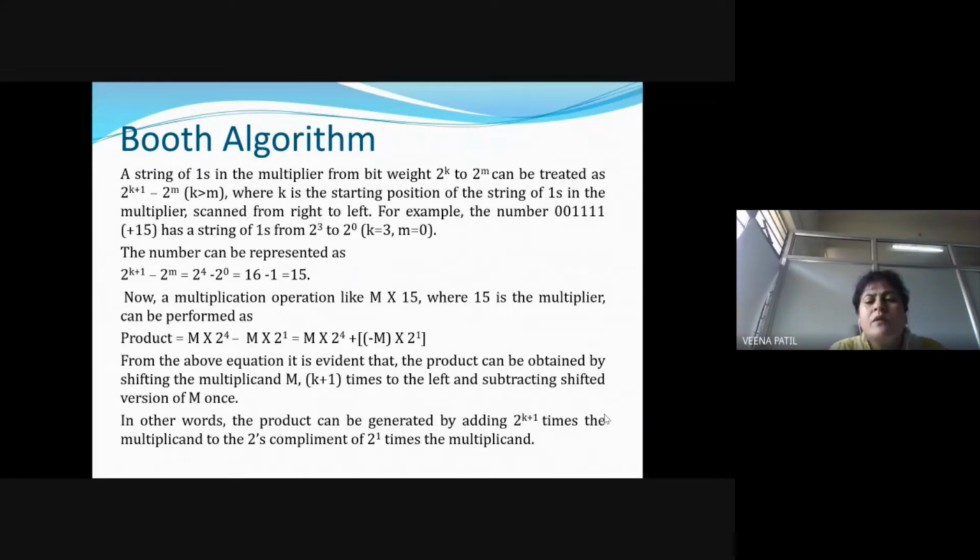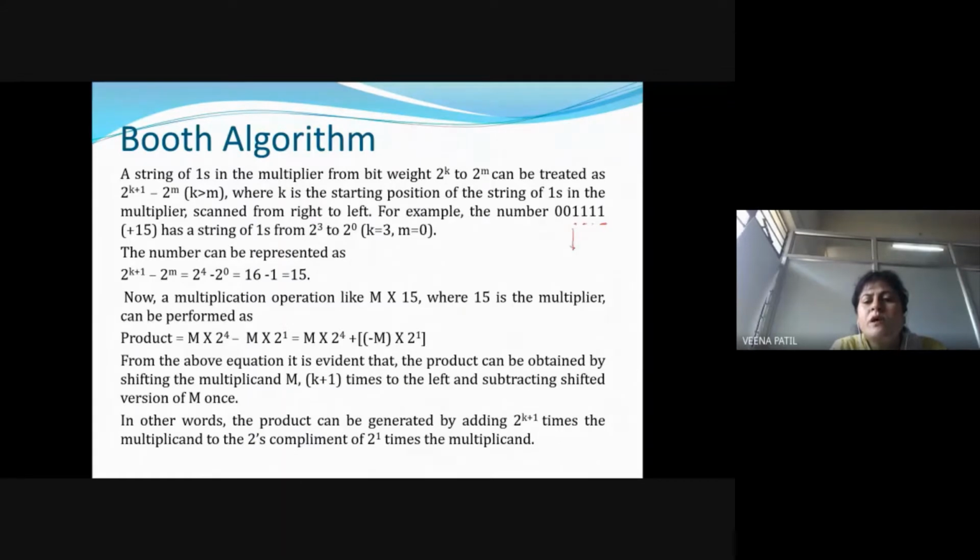For example, let's take the number 001111, which is equal to 15. 15 is represented using 6 bits. It has a string of ones from the position 2 raised to 3 to 2 raised to 0. So this is my 2 raised to 0, 2 raised to 1, 2 raised to 2, 2 raised to 3.